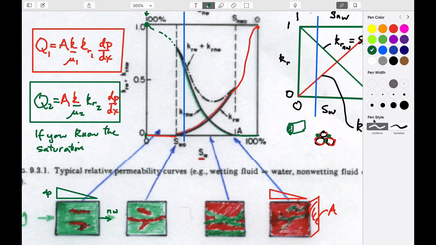So in this particular case, let's say you know the saturation is this magnitude here, then you have the two relative permeabilities. So this would be KR1, which is this, which is what?